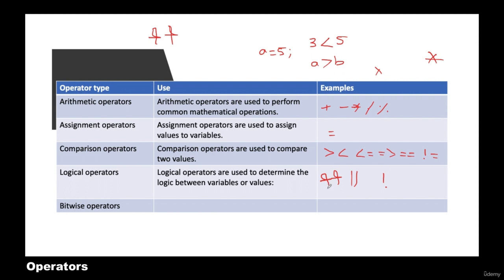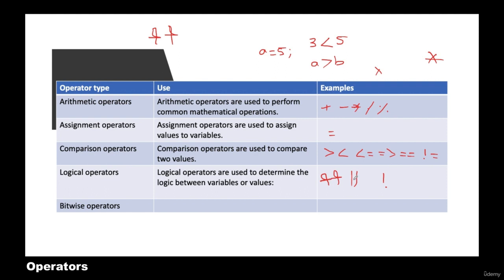If both conditions are true, then only AND will result in a true value. We will have a detailed look at this in future. For now, the basic understanding is that AND is used to compare two conditions, and only if both are true will it return a true value.